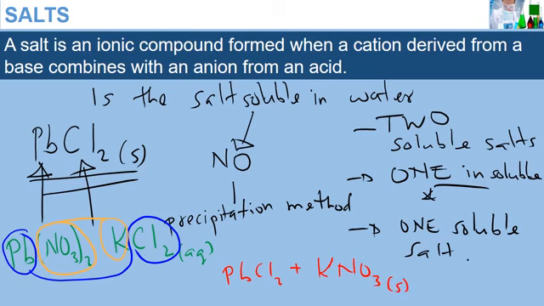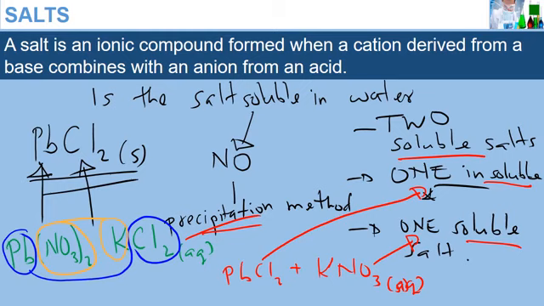And potassium nitrate is a soluble salt. Lead chloride is an insoluble salt. So that is the general principle of the precipitation method. We have to choose two salts that are both soluble, and when we carry out the precipitation method, when you mix them together, they would form one insoluble salt and one soluble salt.